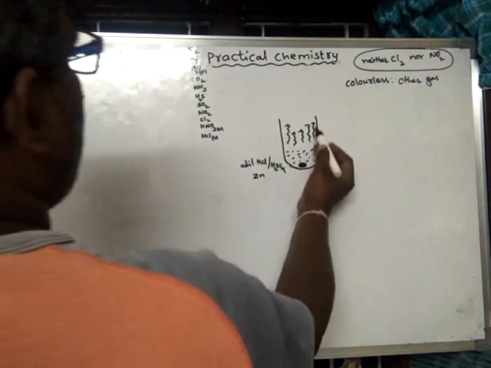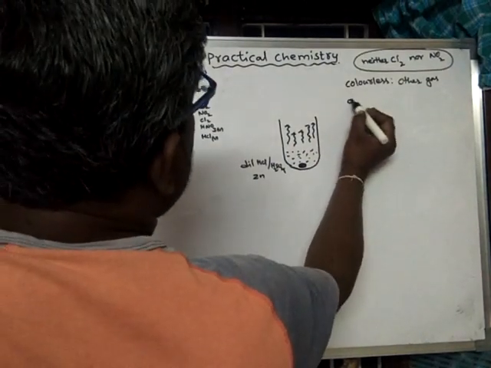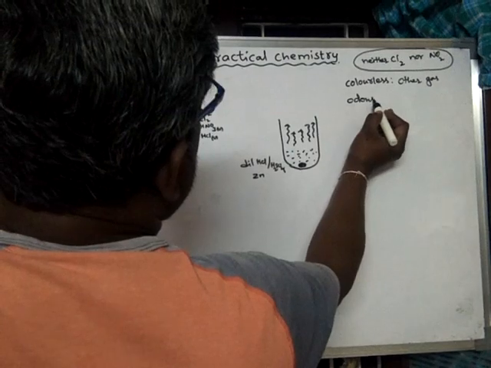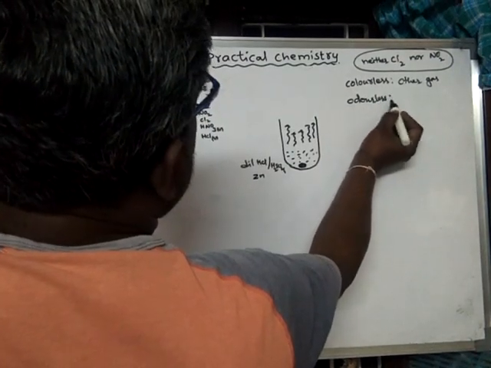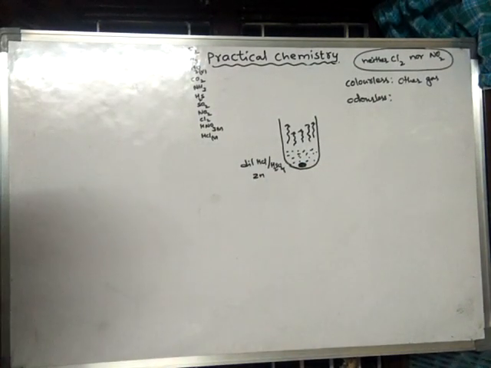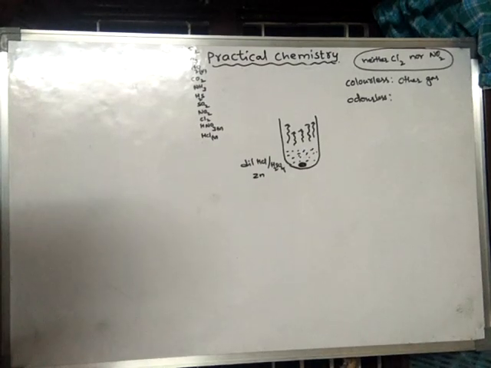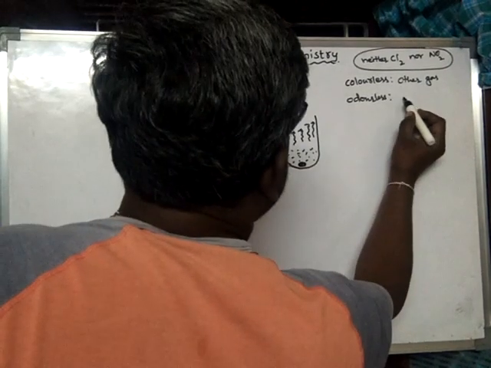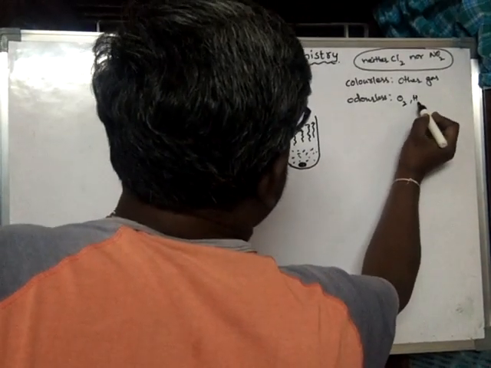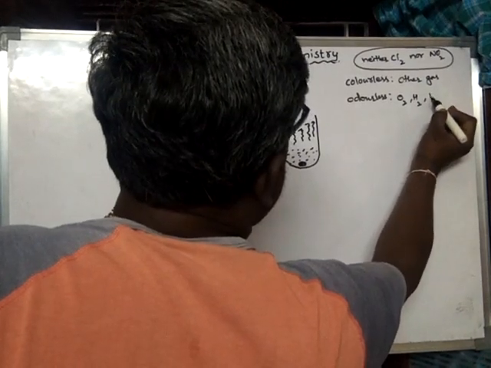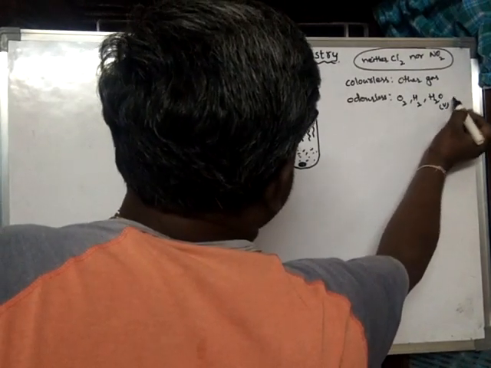Now I have observed the odor. It is odorless. If you test the smell of the gas, it is not producing any smell. That means it is an odorless gas. So which gases are odorless? Odorless gases are oxygen, hydrogen, water vapor, and CO2.